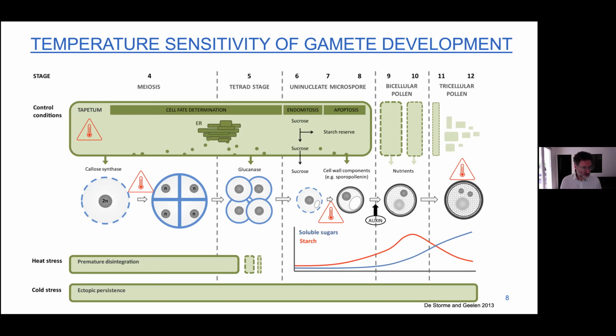Cold stress can prolong the longevity of the tapetum, and that also has an impact on the pollen production. The sensitivity of the microspore to high temperature may relate actually to the tapetum. That's unclear at the moment. What is clear is that high temperature affects pollen cell wall formation, and probably this is connected to some extent with the development of the tapetum.